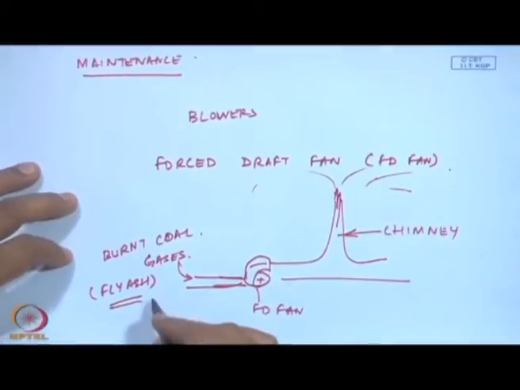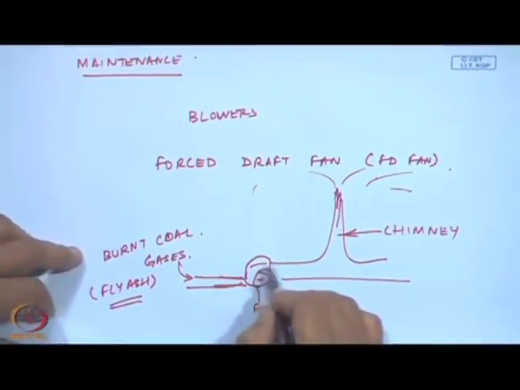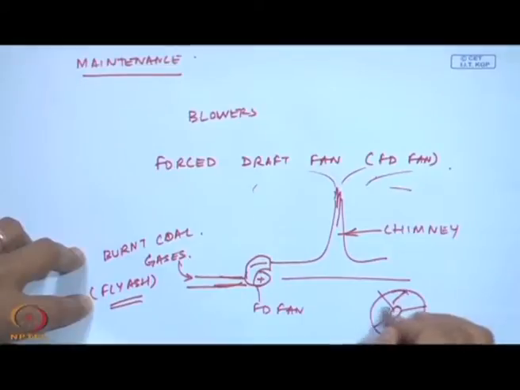Fly ash on top of it, if it is wet and moist, will become like a sludge, and these fans have blades. So with time, these fly ashes get deposited, they stick to the fan blades.